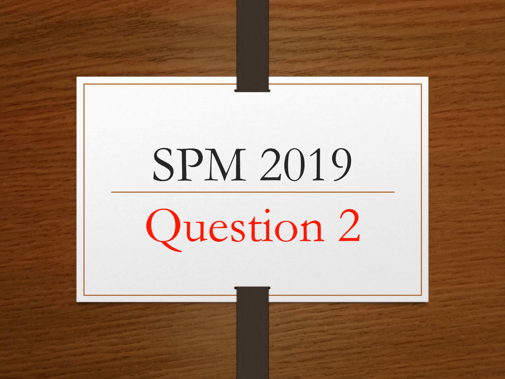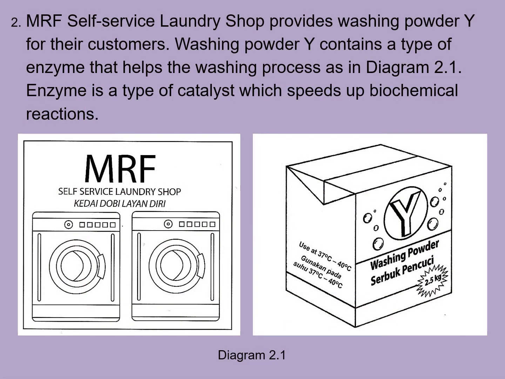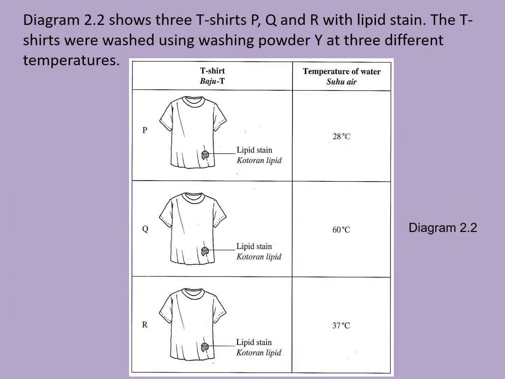SPM 2019, question 2. MRF, a self-service laundry shop, provides washing powder Y for their customers. Washing powder Y contains a type of enzyme that helps the washing process, as in diagram 2.1. Enzyme is a type of catalyst which speeds up biochemical reactions. Diagram 2.2 shows three t-shirts P, Q, and R with lipid stains.